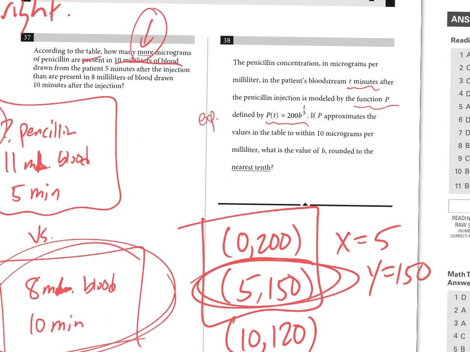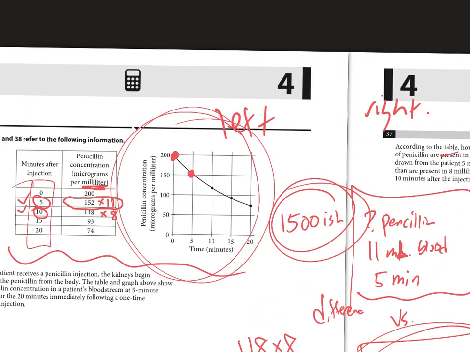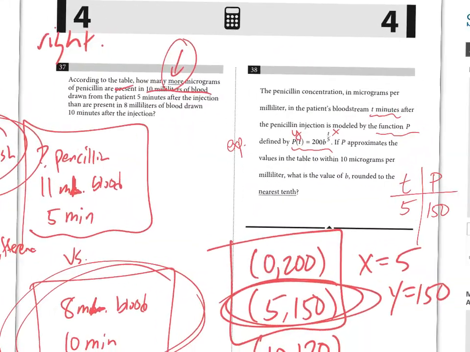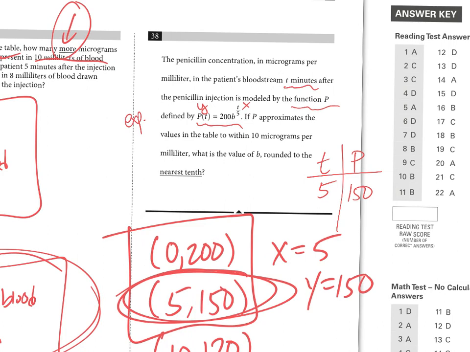It's a little bit harder because they're not using y and x like we're used to, but clearly they're using p and t instead of x and y. So when t is 5, p is 150. This is not a coordinate, but it's just like a coordinate because we're reading a coordinate off the graph. So if we plug in a p and a t value, we can solve for that b.